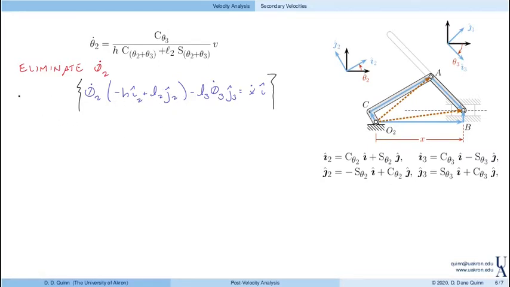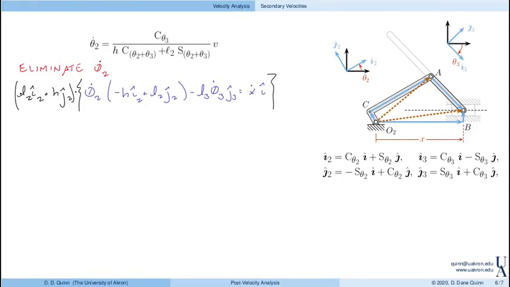The easiest thing is to note that L2 I2 plus h in the J2 direction is perpendicular to minus h in the I2 plus L2 in the J2, right? So essentially, I'm just finding a direction that's perpendicular to the theta 2 dot terms.